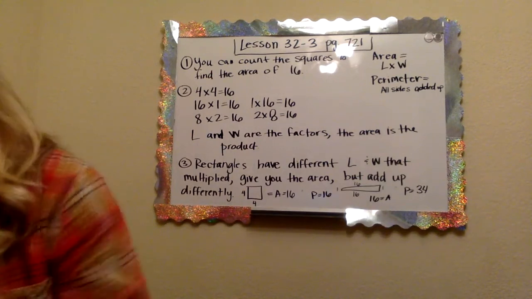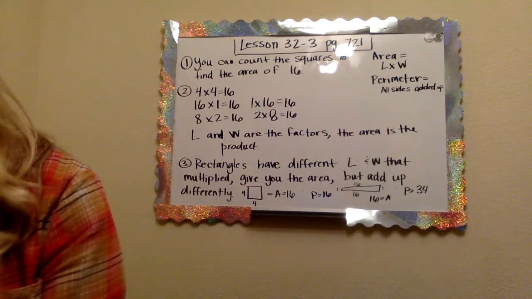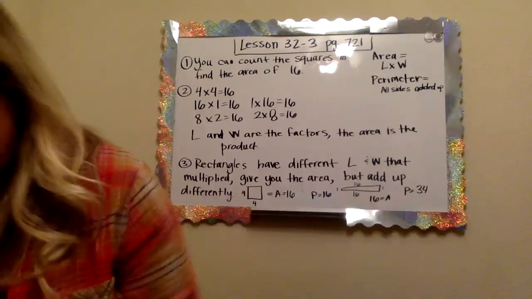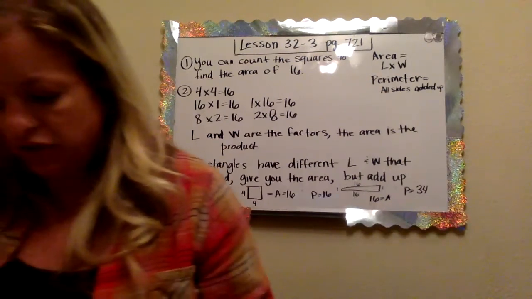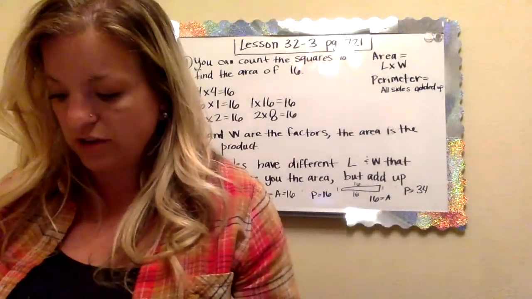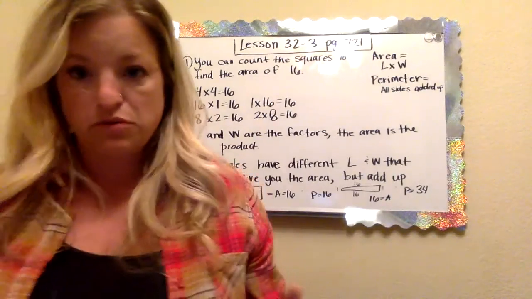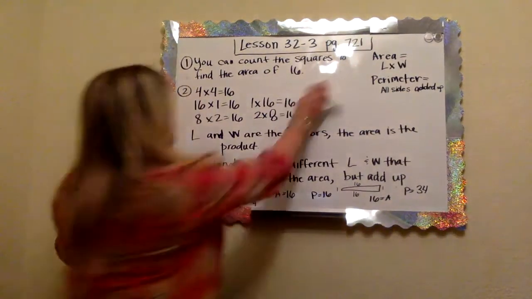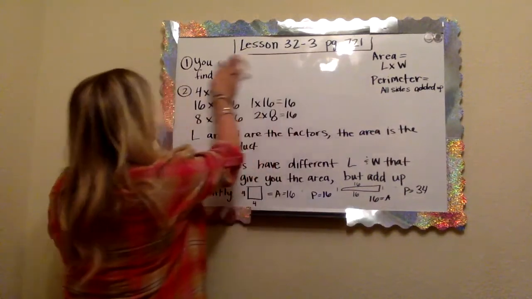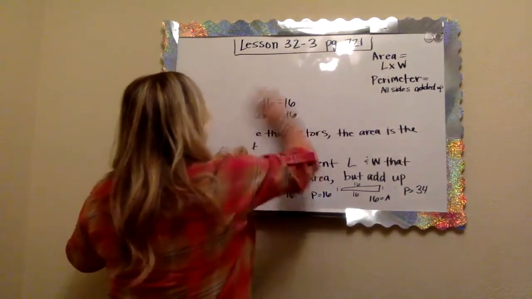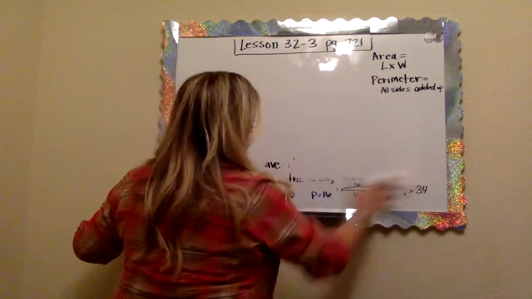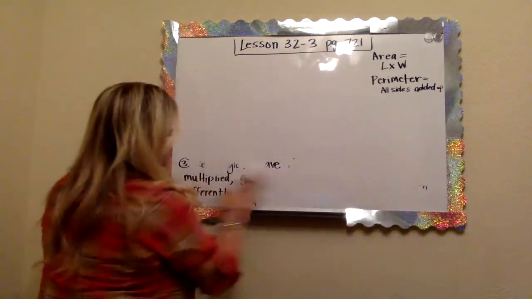Now, if you turn the page to 724, problem number 5, look at the rectangle shown. Draw a rectangle that has the same area but a different perimeter. With that, we have to find the area first to figure out a solution to this problem. Area is length times width.